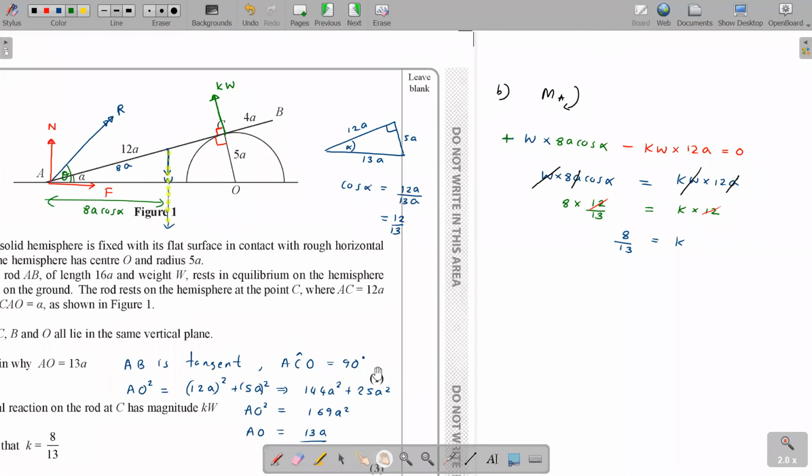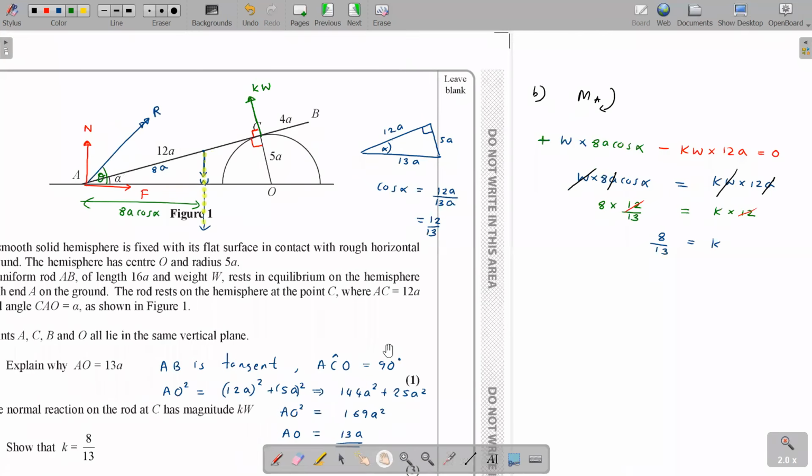We need to resolve, isn't it? So now I already did moments. So in part C, I have to consider the horizontal equilibrium and the vertical equilibrium. So shall we resolve? KW needs to be resolved. Let's resolve KW. How can I resolve KW?